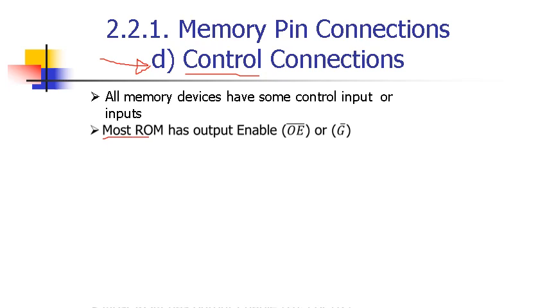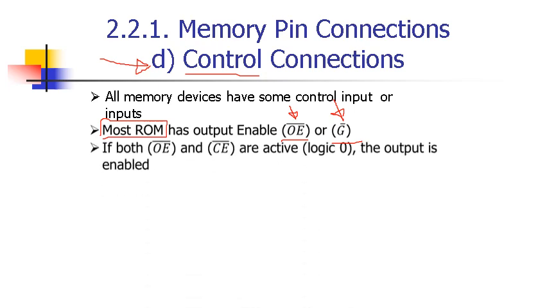So in ROM devices, we have a single control pin because we can only read. So you enable your output, or you're gating your memory. Some manufacturers label this pin as OE, output enable, or just gating. You open the gate of the memory to get data from. And this is the only control pin provided in ROMs. All right.